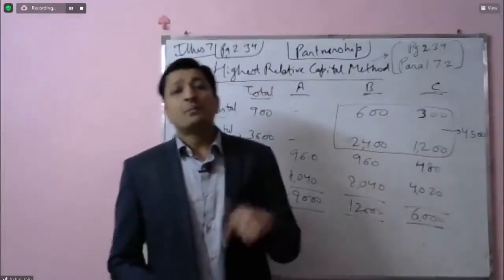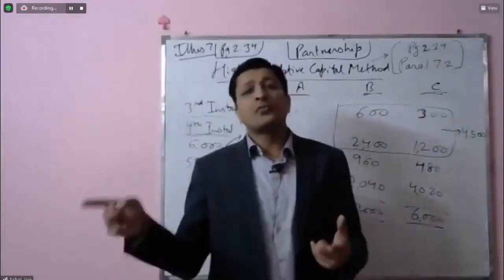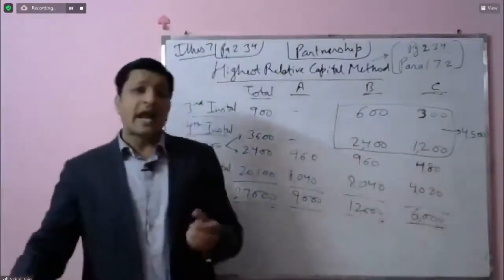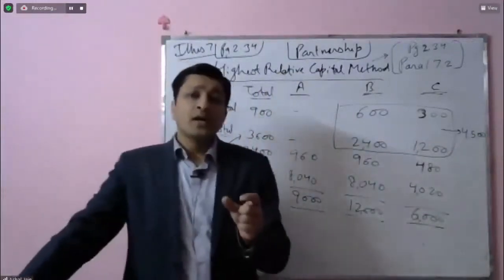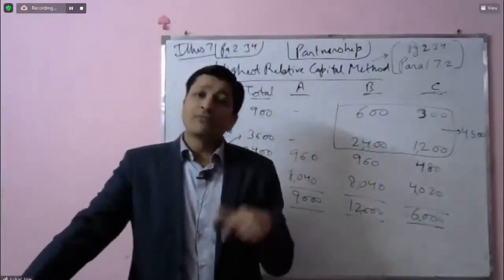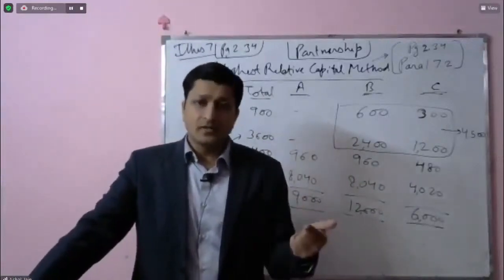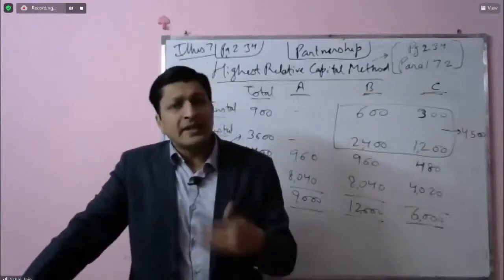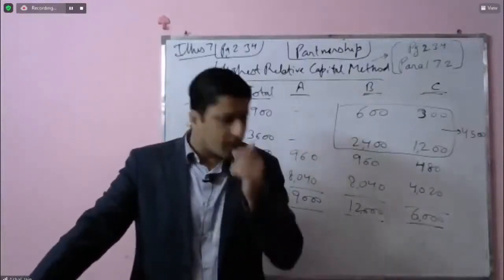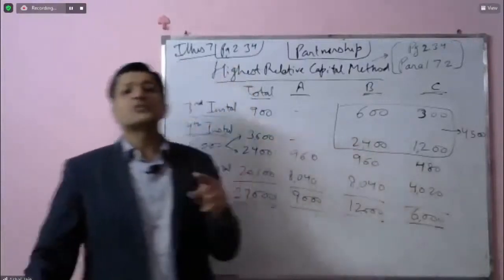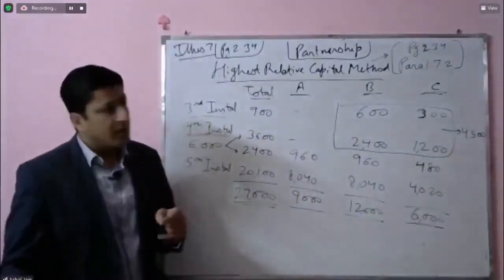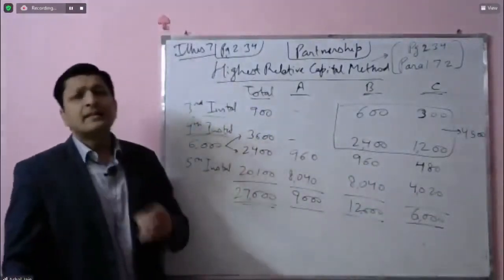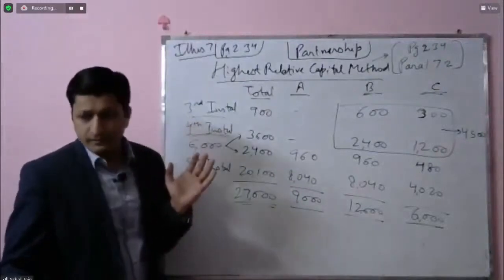That will be by multiplying that base with the profit sharing ratios. And this will give you the number which should be equal to the actual capitals. If this is not equal to the actual capital, then the amount in excess is nothing but the excess capital, and that excess capital should again be in the profit sharing ratio. Otherwise, we'll have to recompute till the time it gets into the profit sharing ratio.